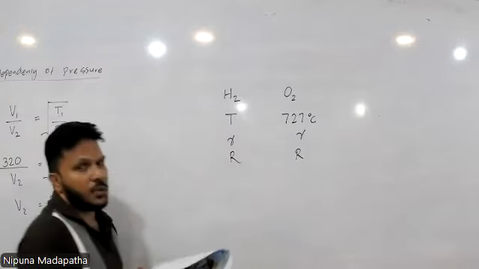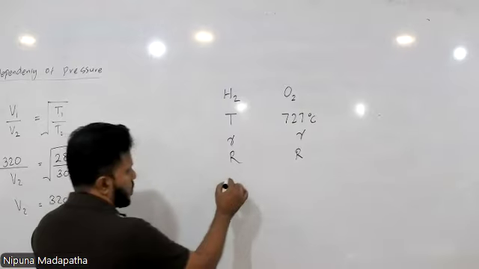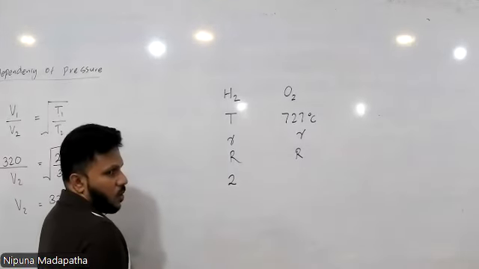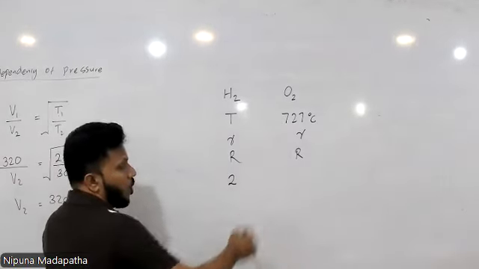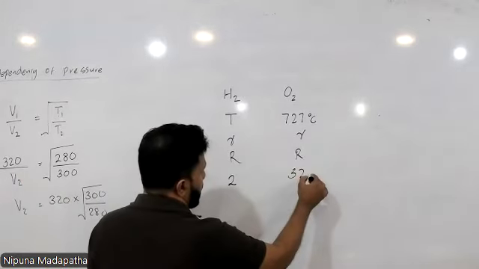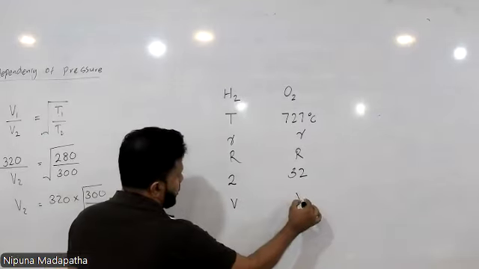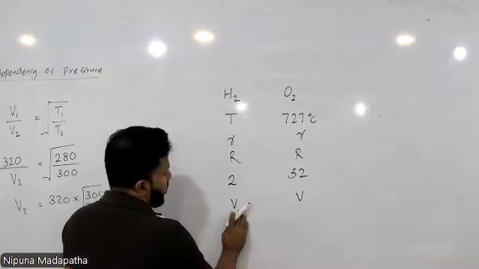So what is the M value? Molar mass for hydrogen? 2 grams per mole. For O2? 32. Both the speeds are the same, VH2 and VO2.